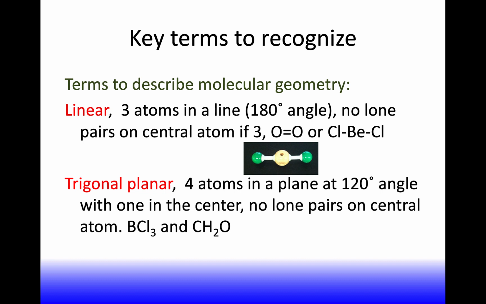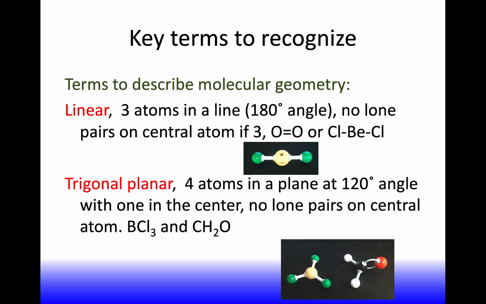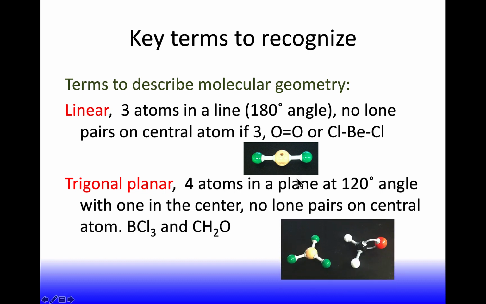Okay, so let's take a look at what their shapes are. The one here, that's a boron atom, and those are 3 chlorines. You can see if you were to measure, if that was a circle, they're 120 degrees apart because there's 3 angles. Here, that's the carbon of methanol. That's the oxygen, and those are the 2 hydrogens. Again, it's all in a plane, and they're 120 degrees apart.